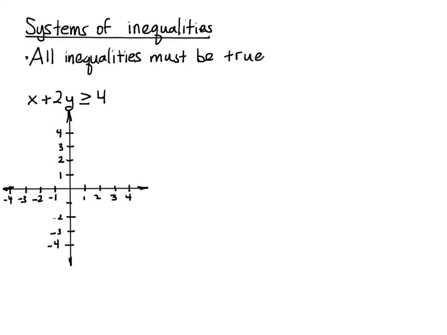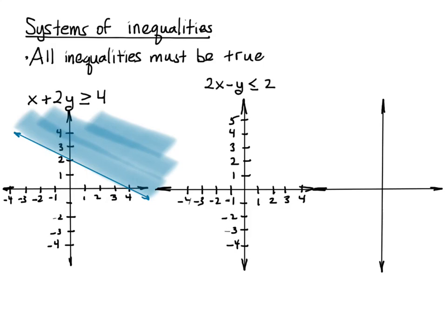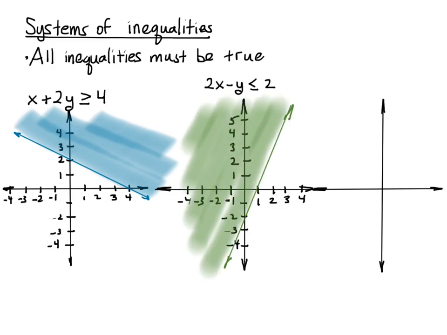So if we have this one system where we say x plus 2y is greater than 4, we get a graph that looks like that. And if we take another equation, say 2x minus y is less than 2, this one is going to look like that.